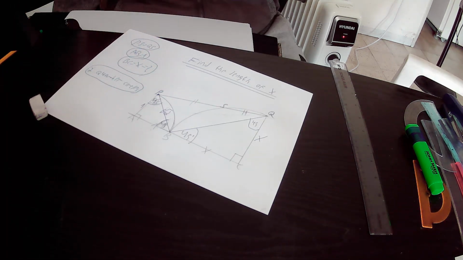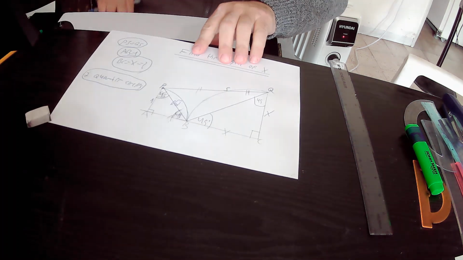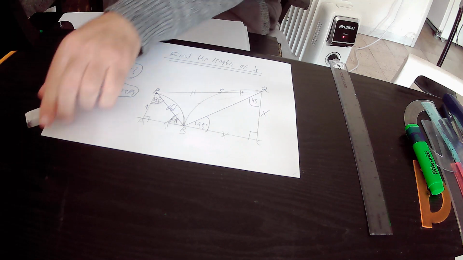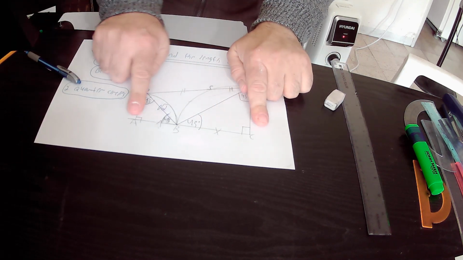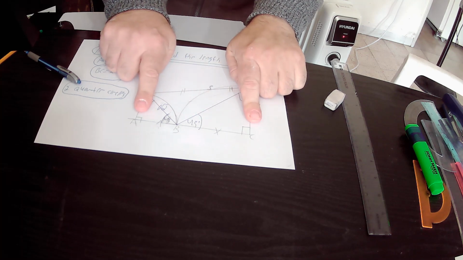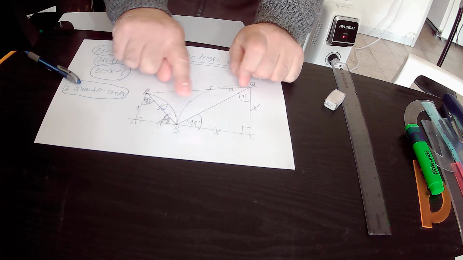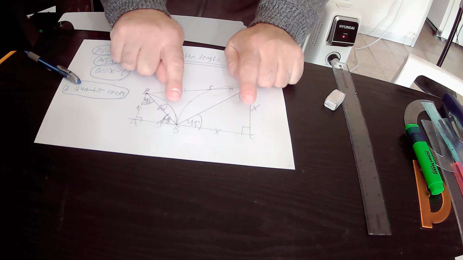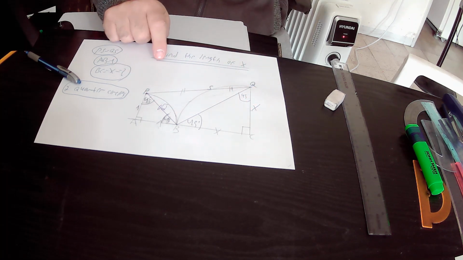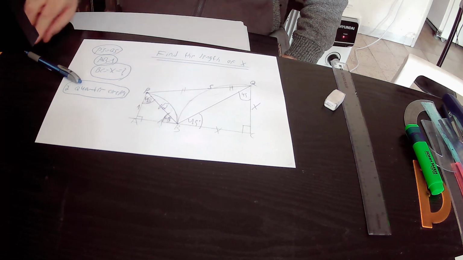Why? Because in our drawing, if we focus on the upper side of the straight line AC at point B, here the sum of the angles must be equal to 180 degrees according to rule number 3. So I'll copy the straight line AC. In the new page, we will find out the missing angle here according to rule number 3.